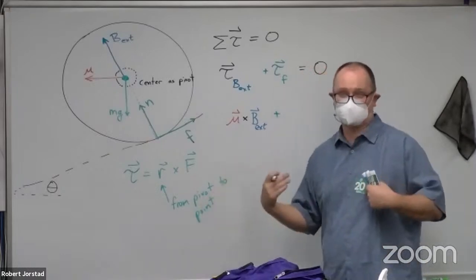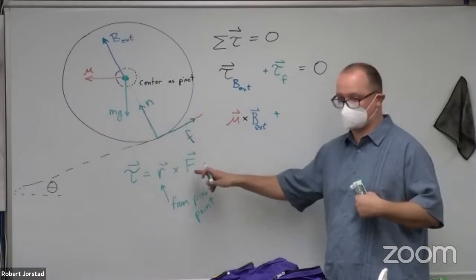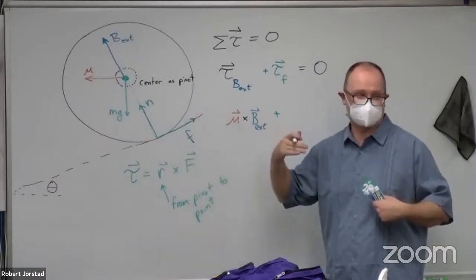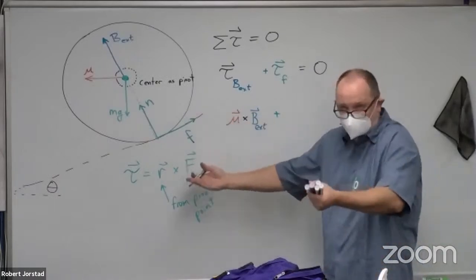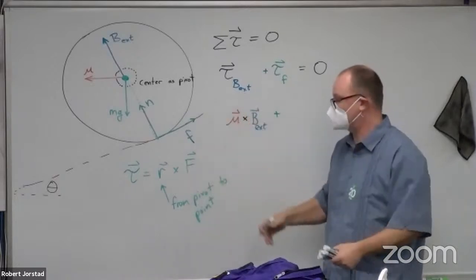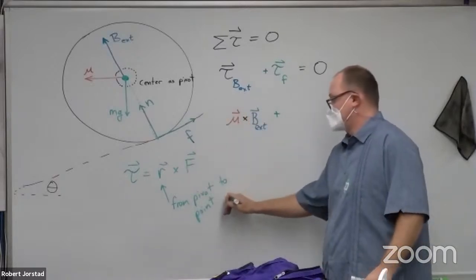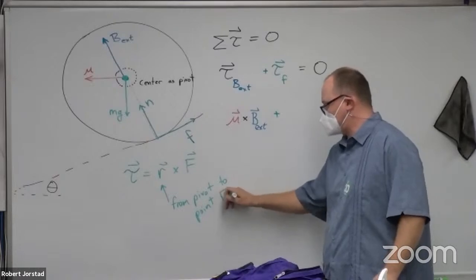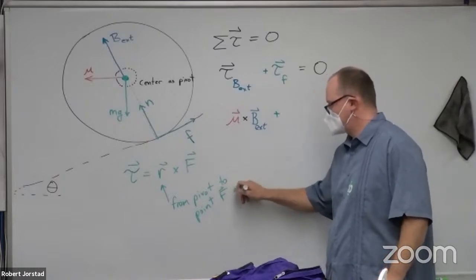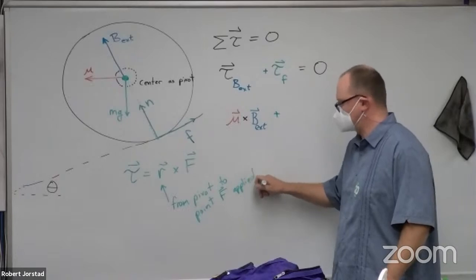From pivot to force. Notice this is a little bit different R than from source to point. But it's a different equation. R has a different meaning. From pivot to point, force applied. That's the definition.